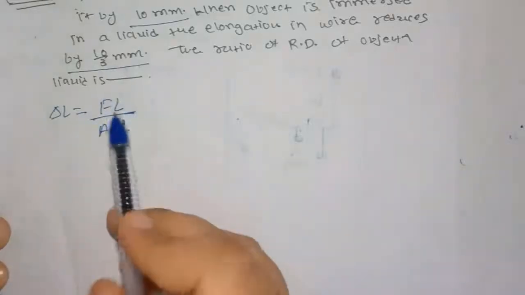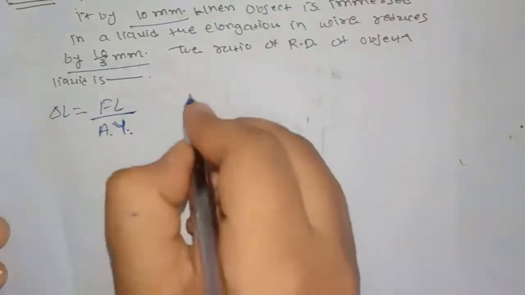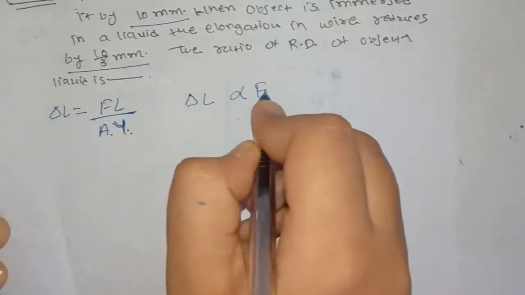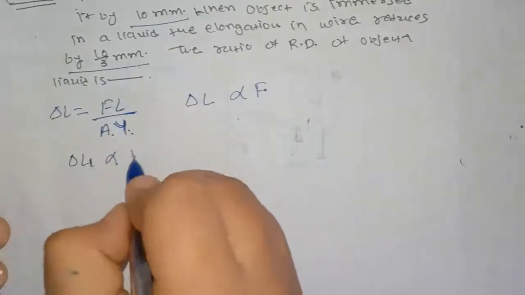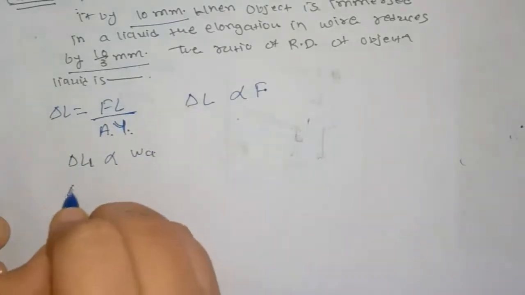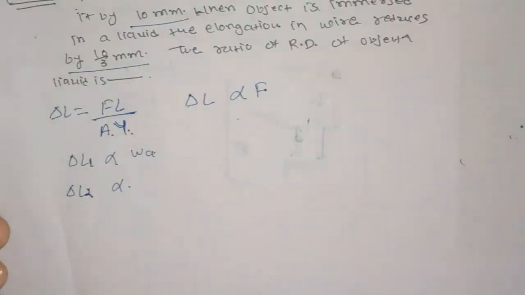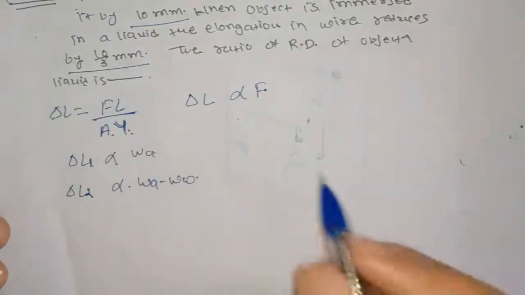Here, the length, area and Young's modulus will be constant. So we can write delta L is directly proportional to F. So delta L1 is directly proportional to weight in air and delta L2 is directly proportional to upthrust, that is weight in air minus weight in water.